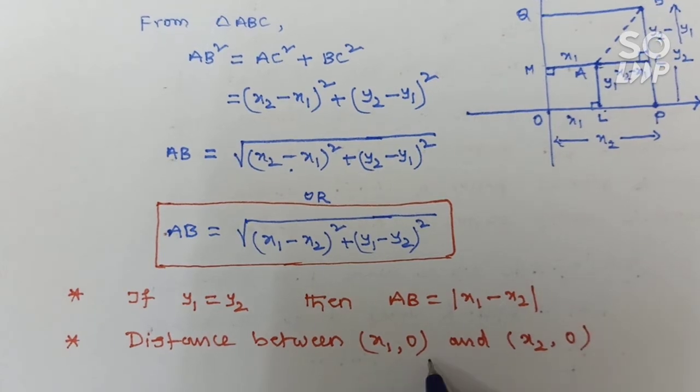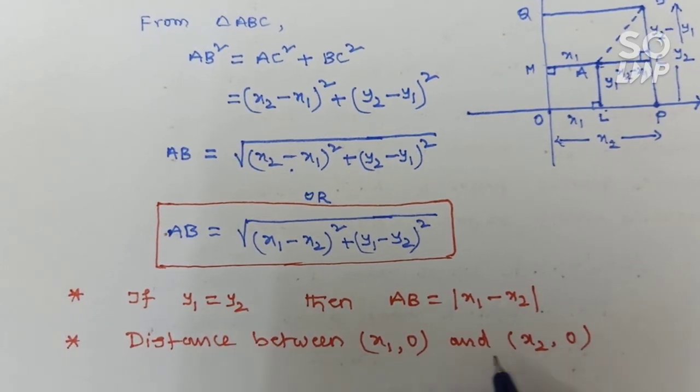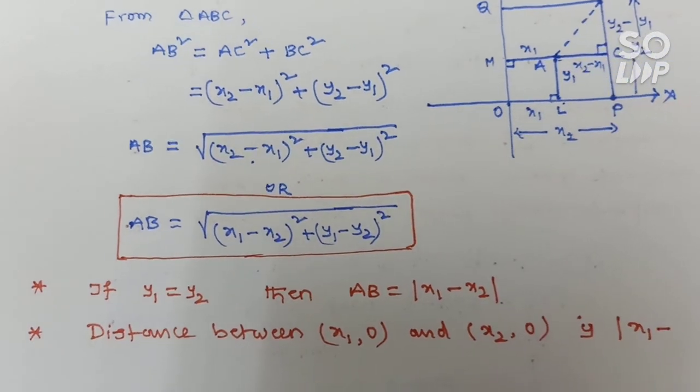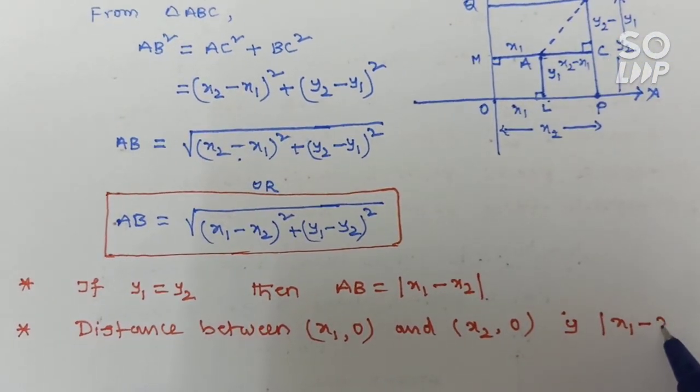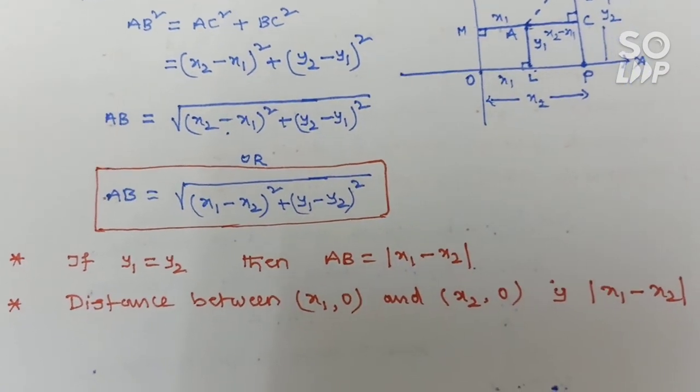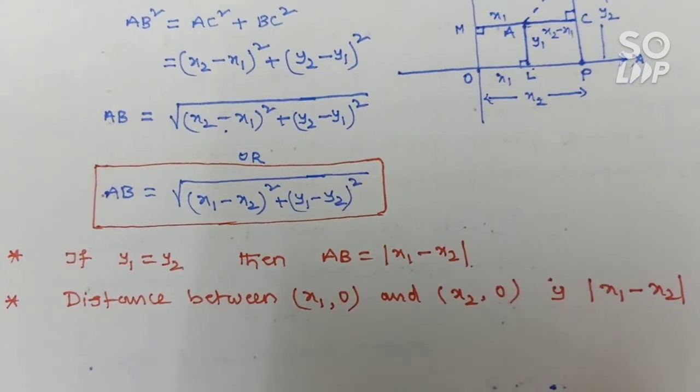Now you see this one, in both the points the y coordinates are equal. What is that value? Modulus of x1 minus x2 or modulus of x2 minus x1. This is the distance between these 2 points.